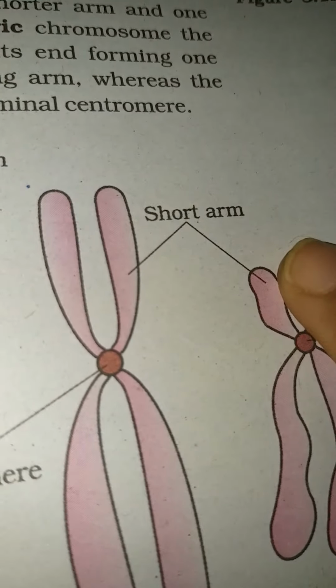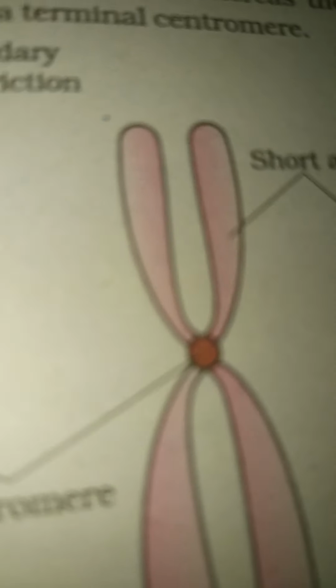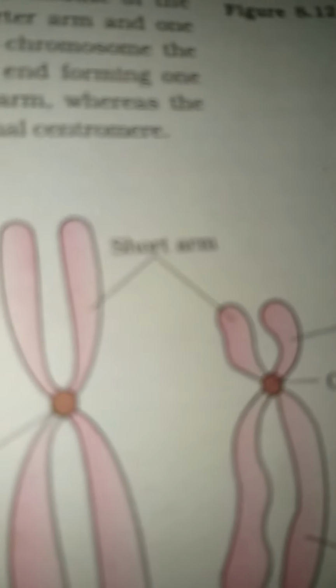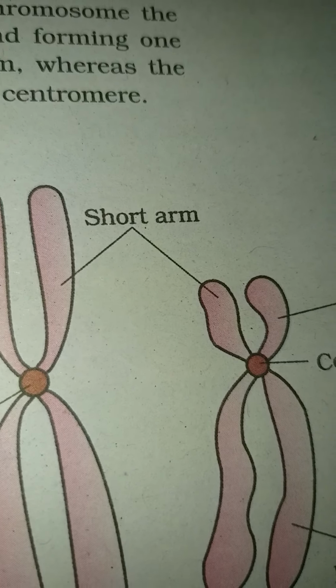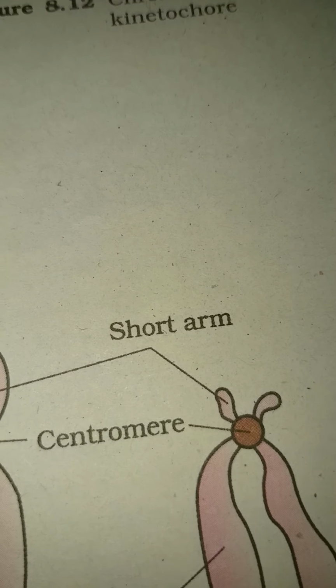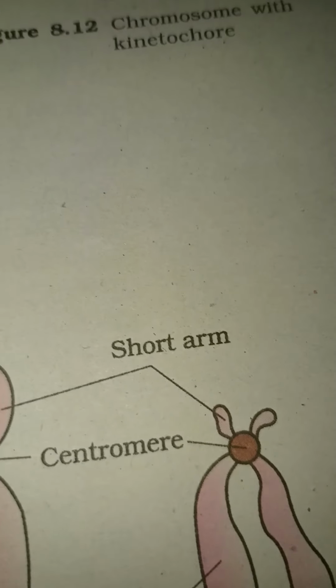If it is somewhat above the center, it is known as submetacentric. If it is near the end, that is known as acrocentric, and if it is at the end tip, it is known as telocentric. So these are the four types of centromere positions.